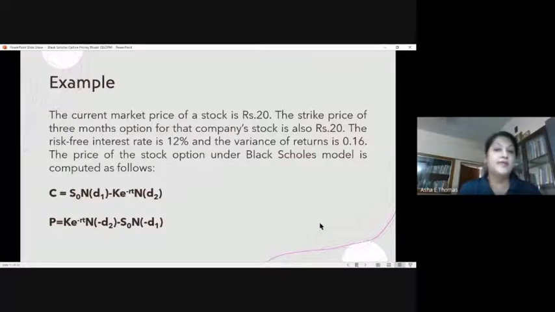And K is the strike price, and the present value component is included, that is e raised to minus RT, and the value for that we would be taking from the anti-logarithm table, and then N of D2. And we have learned how to go with computation of the value of D1 and D2. So let's do it.